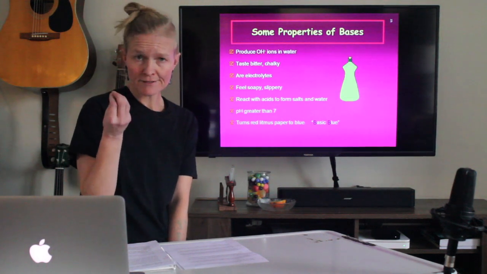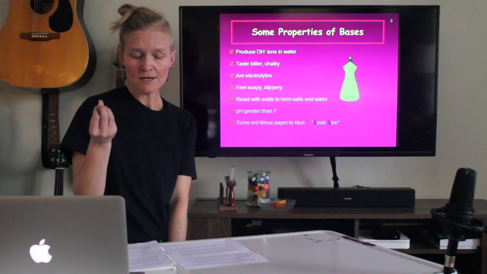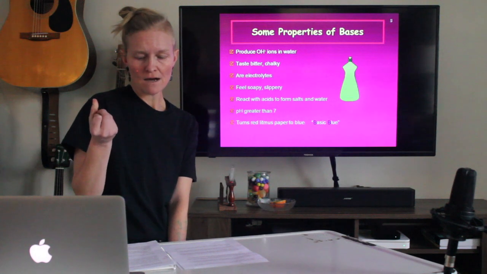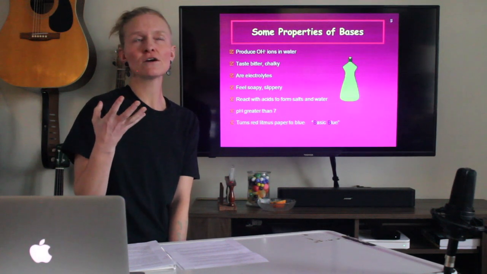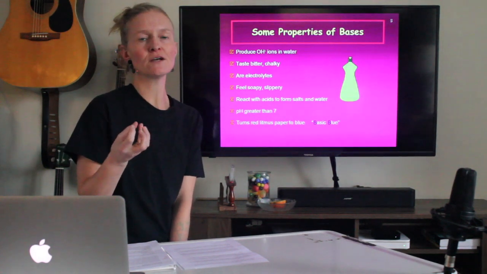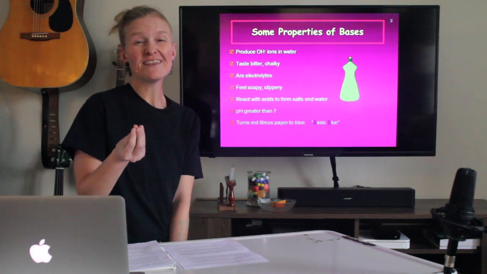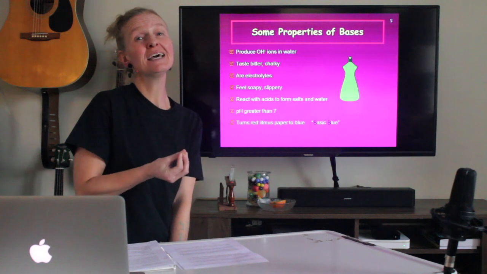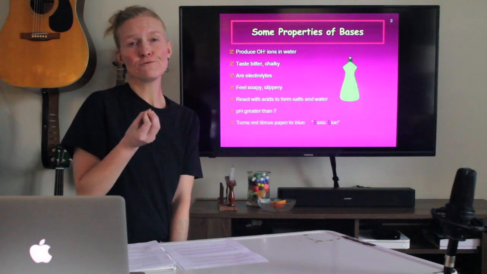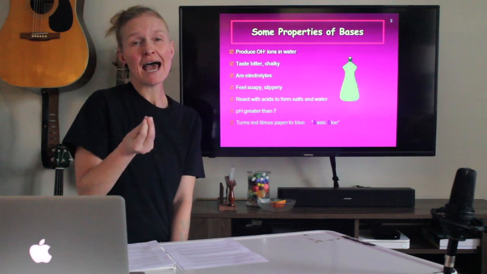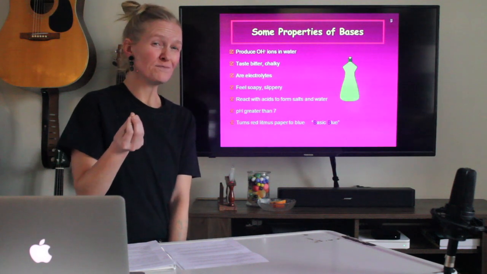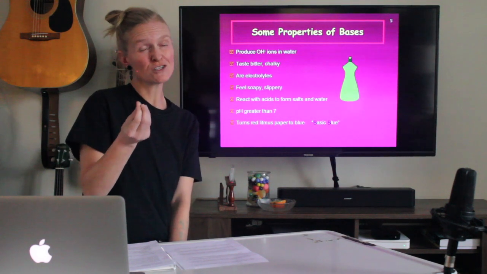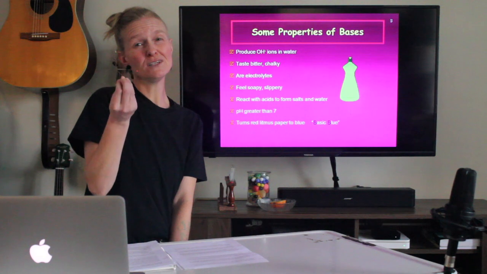If you get them on your skin, they will feel slippery, and that's because they're caustic. Bases are caustic. One of the chemical properties is that they dissolve fats and lipids, and so that's why they feel slippery on your fingers, because they're actually reacting to your skin.